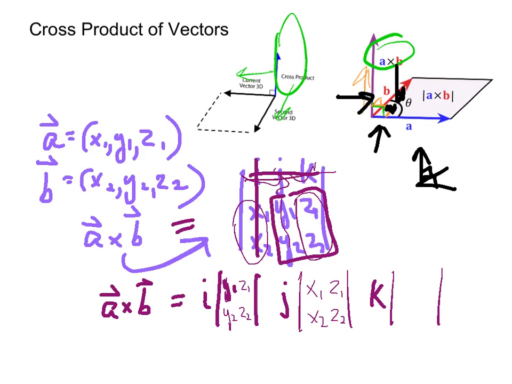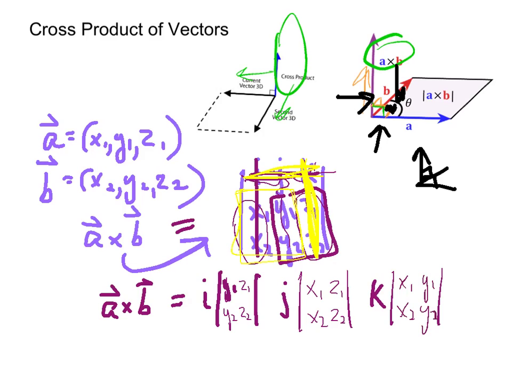We cross out the row and the column with k, and we are going to be left with these four right here. That would be x1, y1, x2, y2.